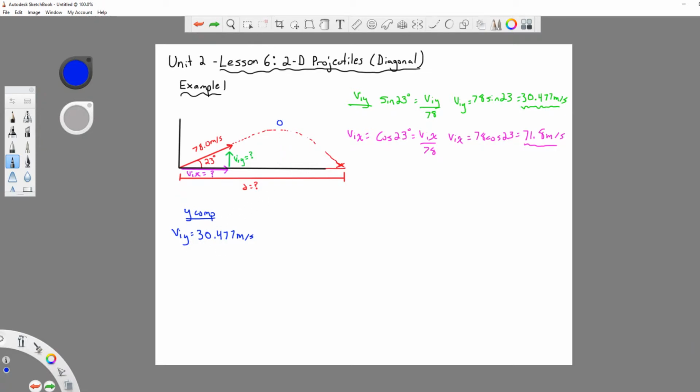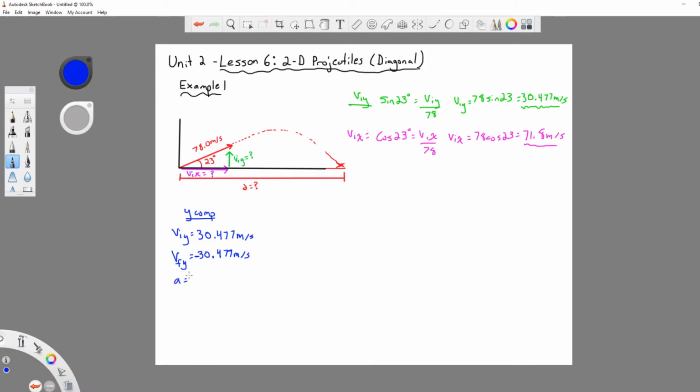So final velocity in the y direction is also going to be 30.477 meters per second, except this final velocity is in the downward direction, so we're going to call it negative 30.477 meters per second.